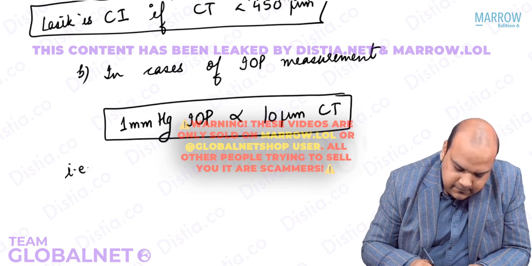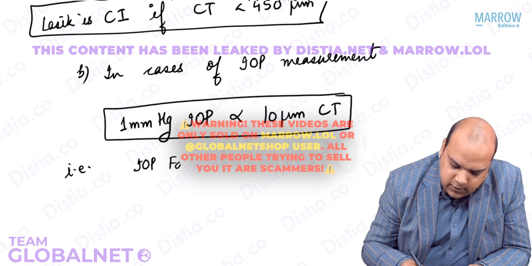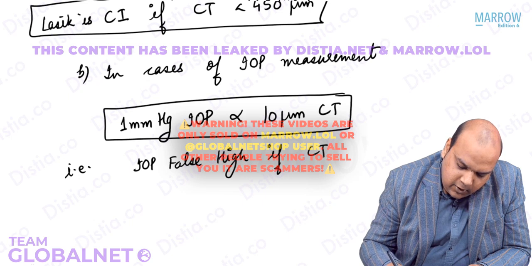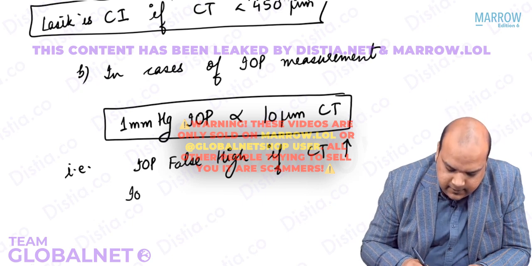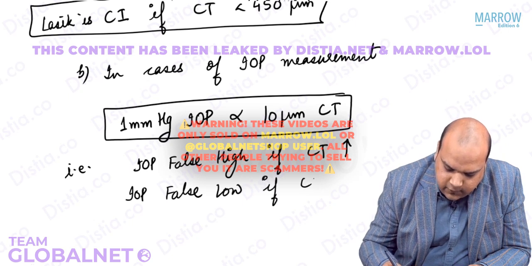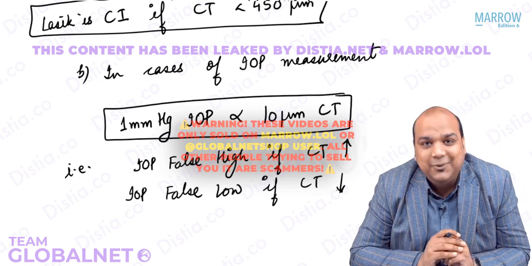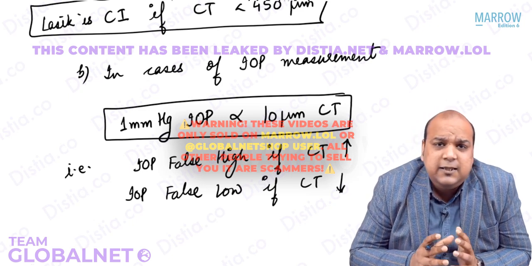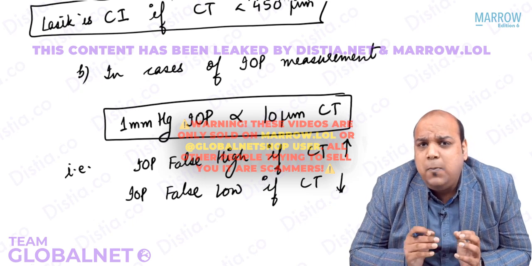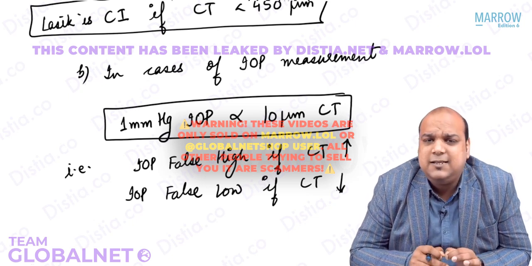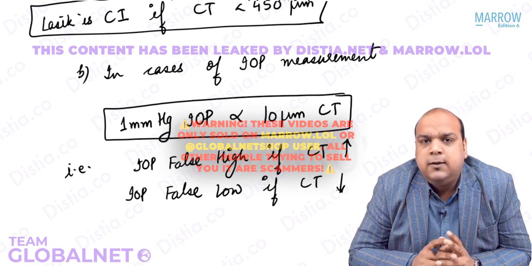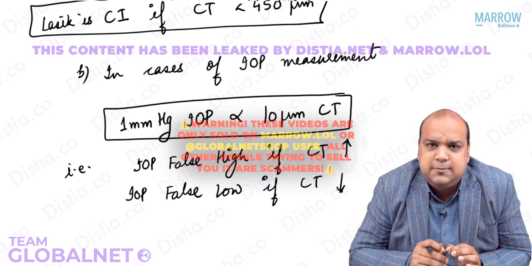That means IOP falls high if corneal thickness is more. IOP falls low if corneal thickness is decreased. So based on the corneal thickness measurements, our IOP measurement gets affected. That is why it is mandatory again to measure the corneal thickness whenever you are in doubt about the intraocular pressure values. Done, everybody? So that's all about our second investigation, that is pachymetry.